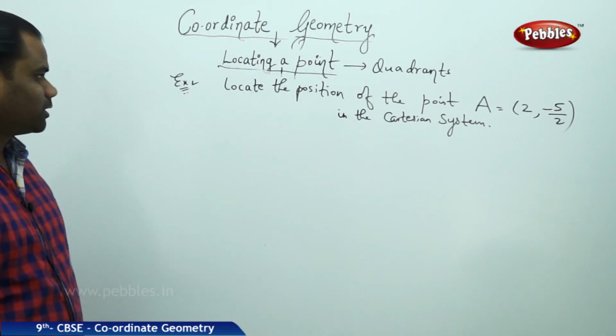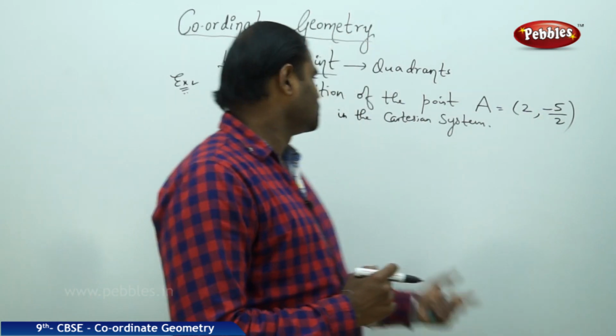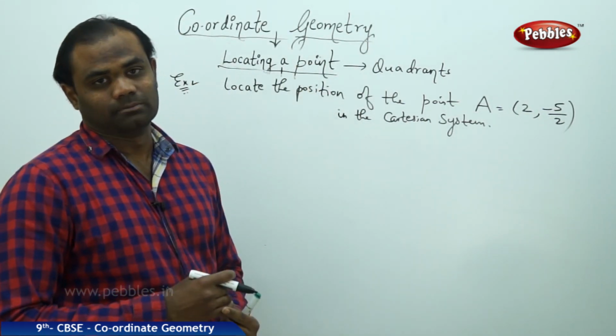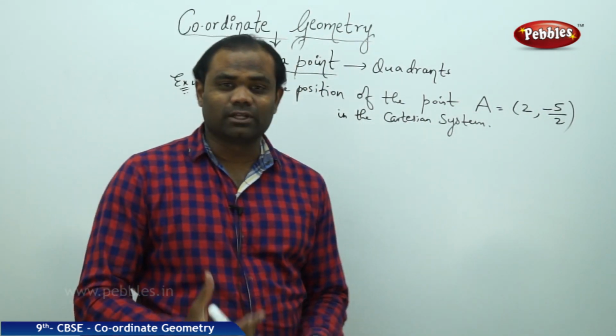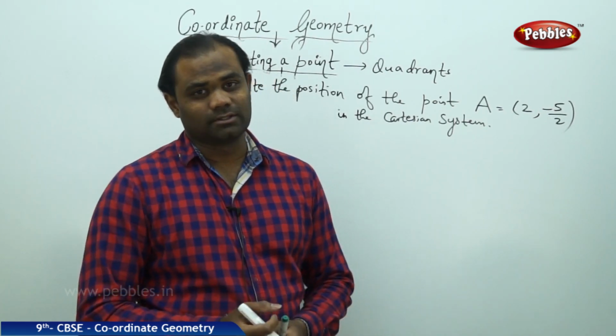So my question here is, locate the position of the point 2 comma minus 5 by 2 in the Cartesian system. So let's see how we can locate the point using the rules of the Cartesian system.